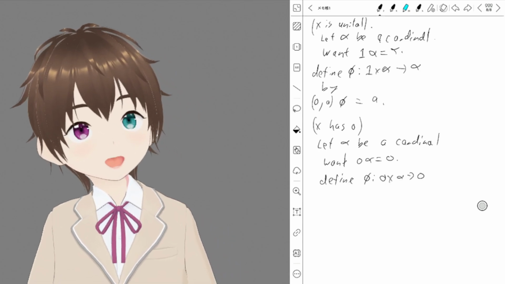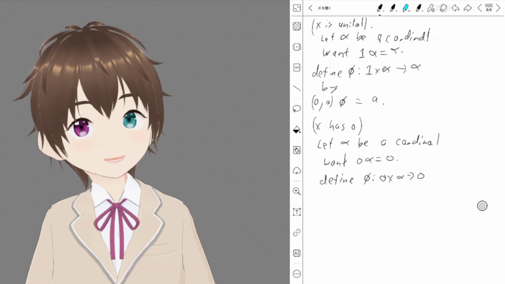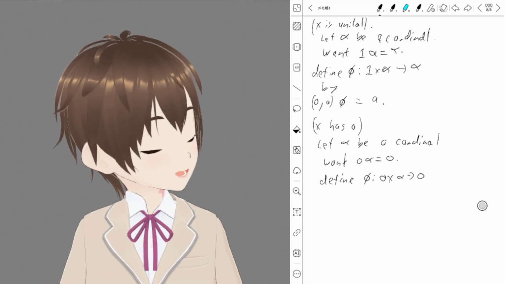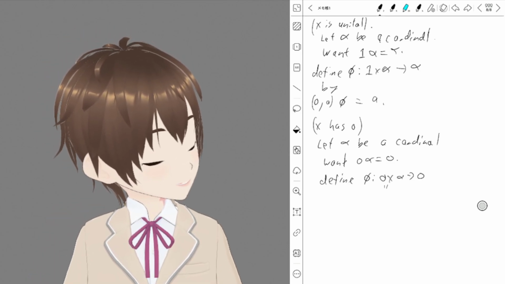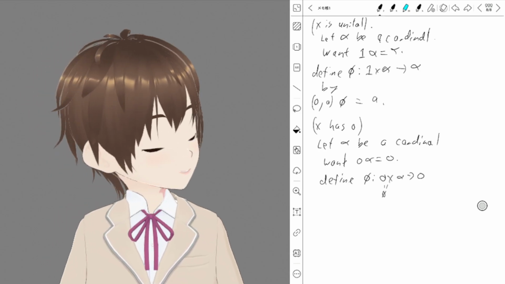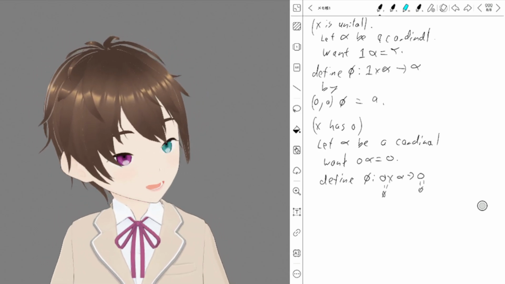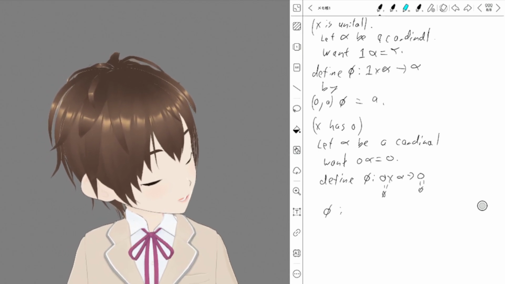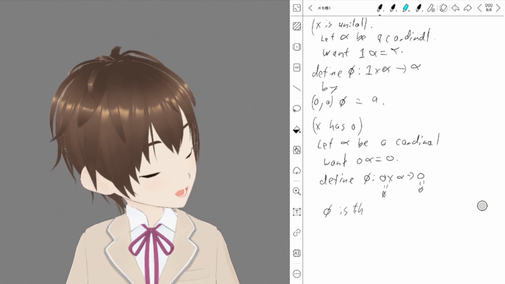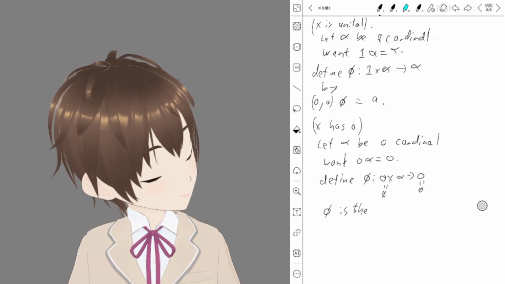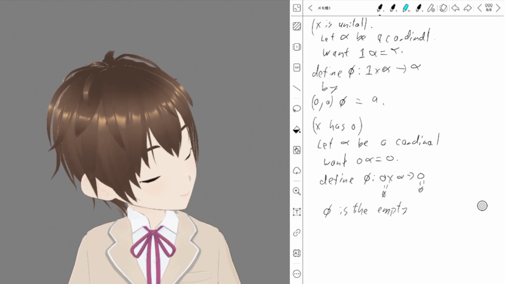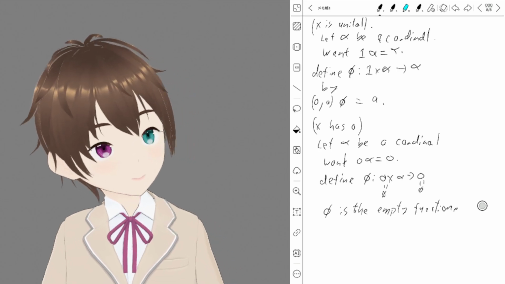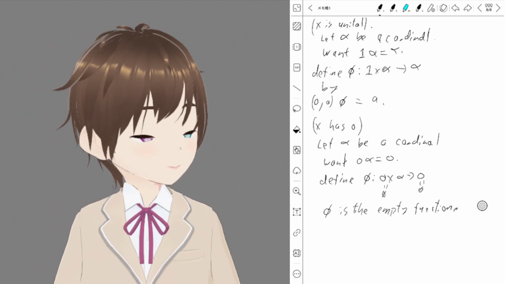Well, 0 times alpha are the pairs where the first entry is in the empty set and the second thing is in alpha. So the domain of this is just actually equal to the empty set. 0 is also equal to the empty set, so I can just use the empty function. So phi is the empty function, which fits because my phi's look like empty set symbols. So not only are these sets in bijective correspondence, they're just equal because they're both empty.